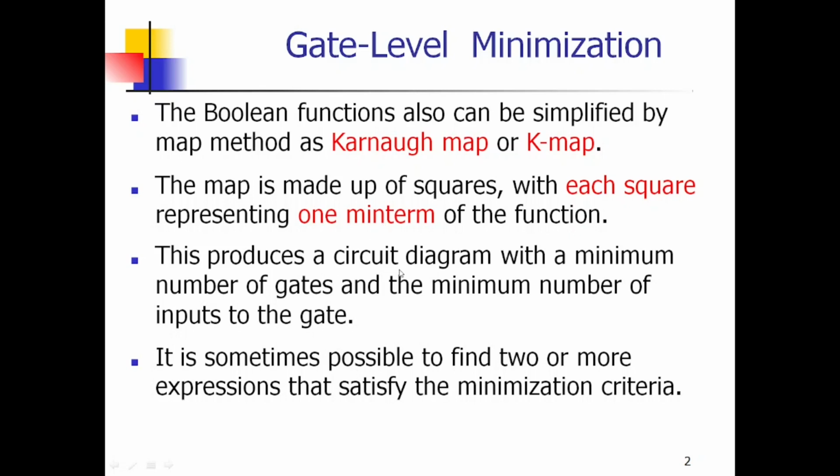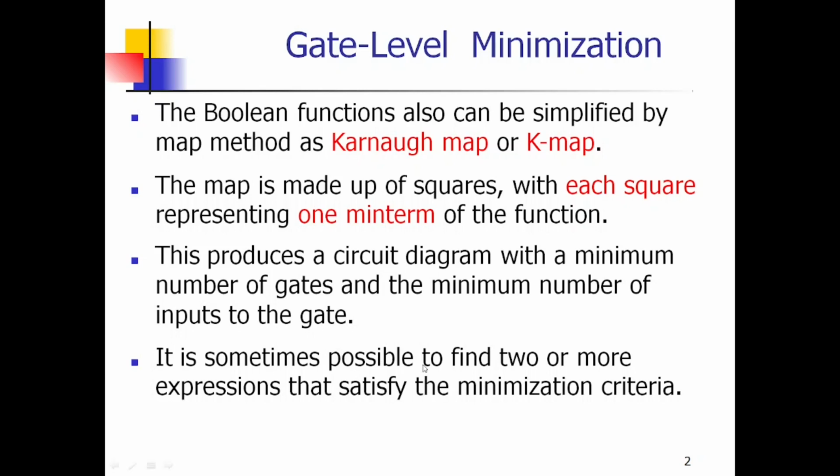This produces a circuit diagram with the minimum number of gates and the minimum number of inputs to the gate. Normally, the main objective of the K-map is to simplify the Boolean function. The simplification of a Boolean function leads to minimizing the number of inputs to the gates, the number of inputs to the circuit, and the number of gates of the circuit.